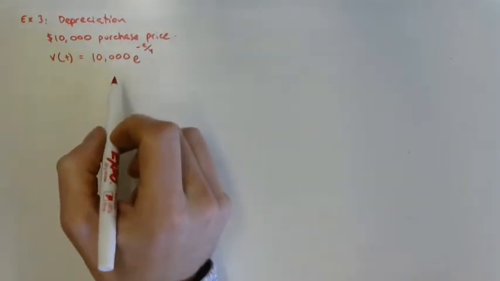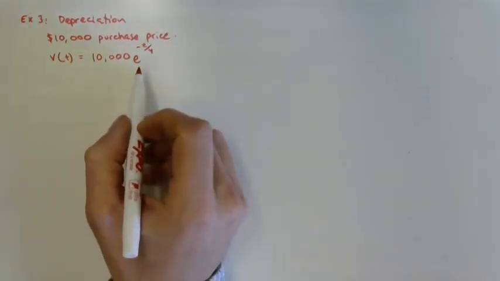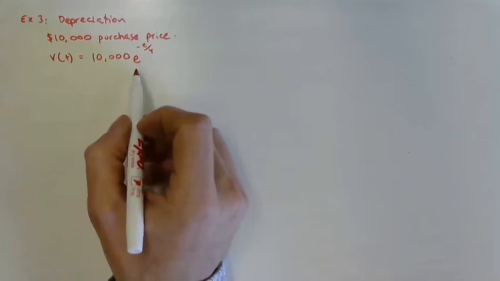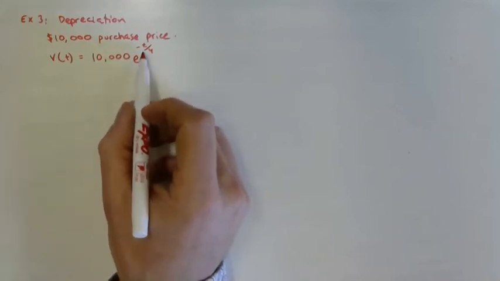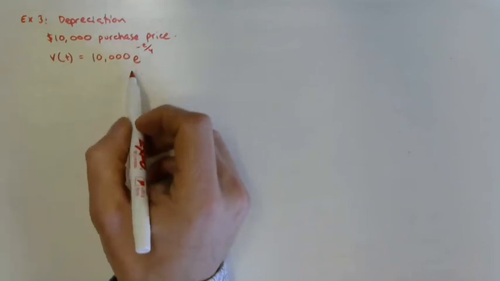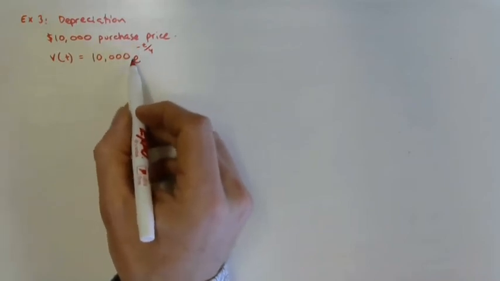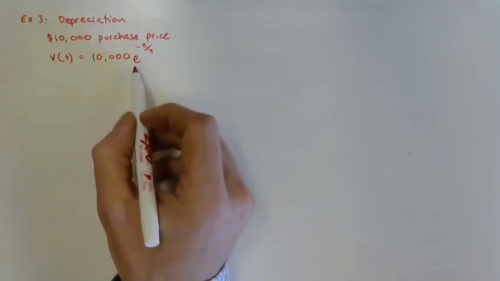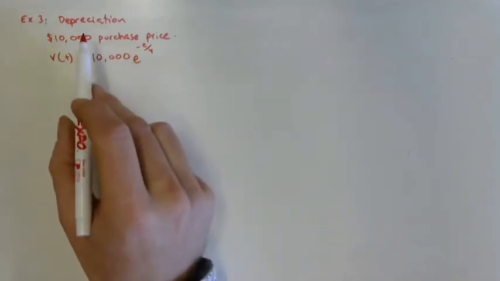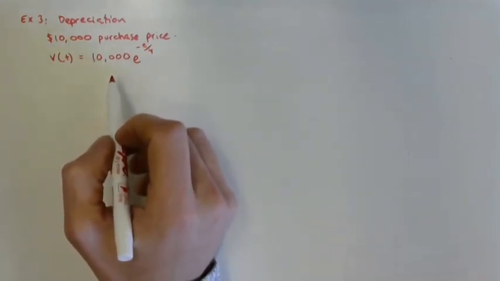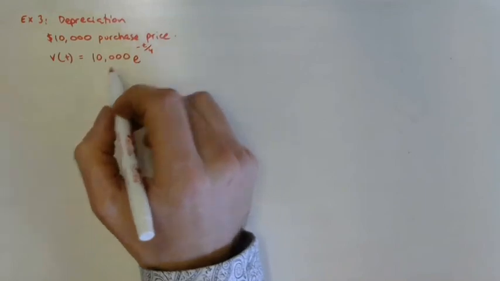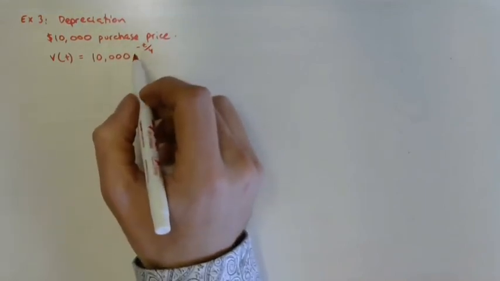So one little thing that might look a little bit tricky is e is a number between 2.71 and 2.72. So it looks like a growth rate, but the exponent is negative. So actually it's the reciprocal, and this value is in the denominator. So it is a decay rate. This is a depreciation. V is the value of the motorcycle after t years.